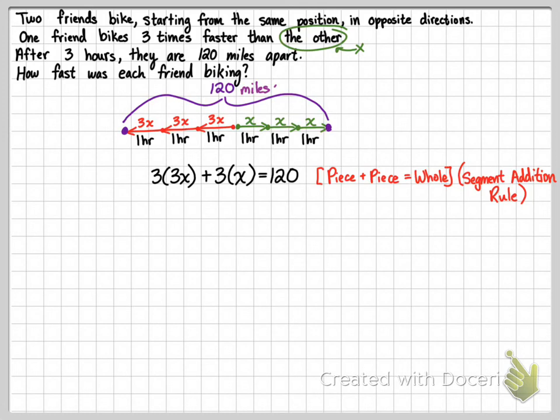Okay, so this is called the segment addition rule, where we have a piece plus another piece equals the whole thing, right? So we have this friend that rode 3 times faster, and this friend that was just riding X miles an hour, and they rode a total of 120 miles. So 9x plus 3x is 120.